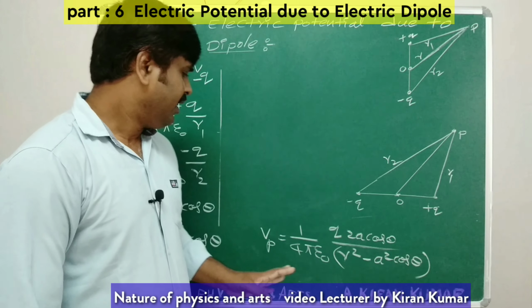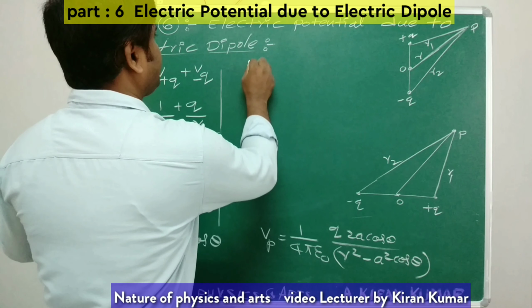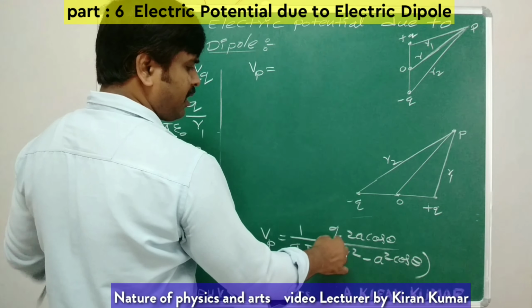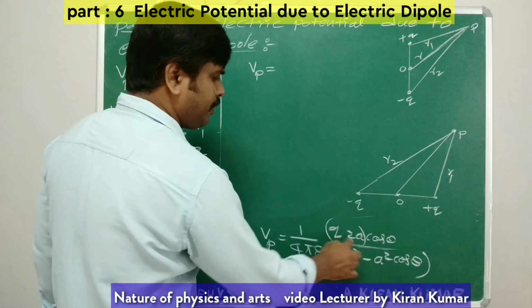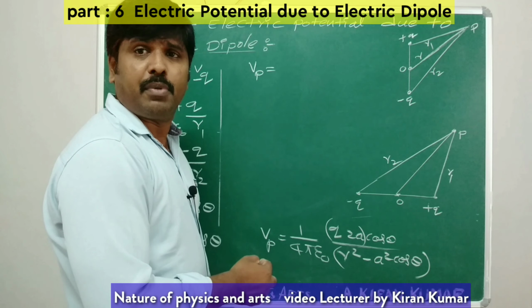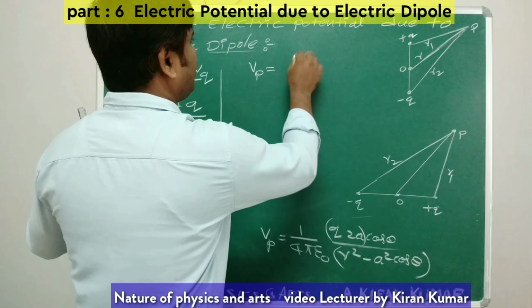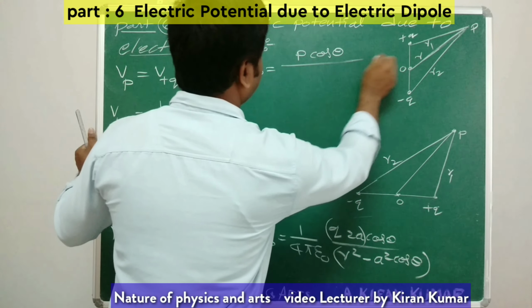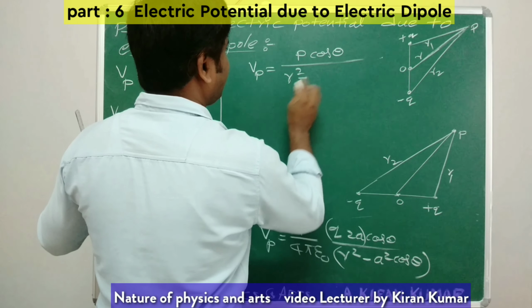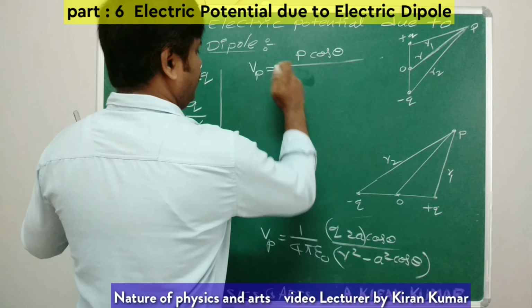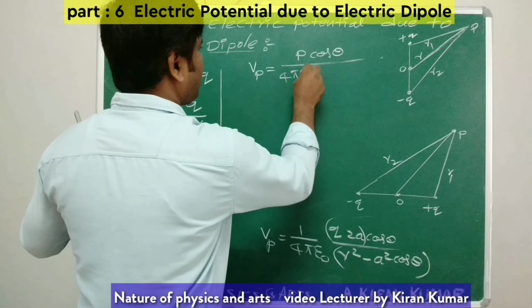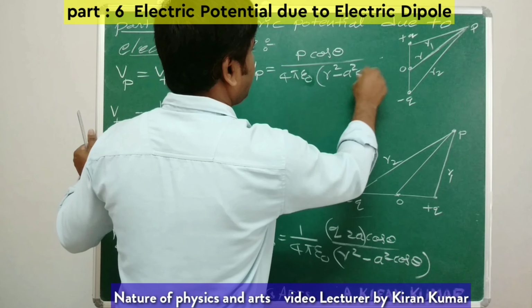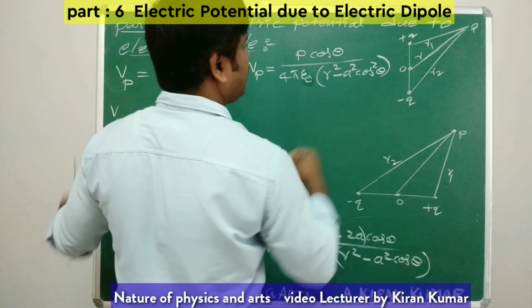Now Vp is equal to 1 by 4 pi epsilon naught, and q into 2a is the dipole moment, so the numerator is P cos theta, divided by the denominator R square minus A square cos square theta.